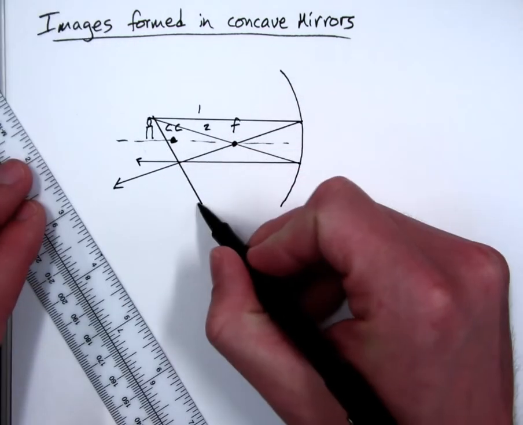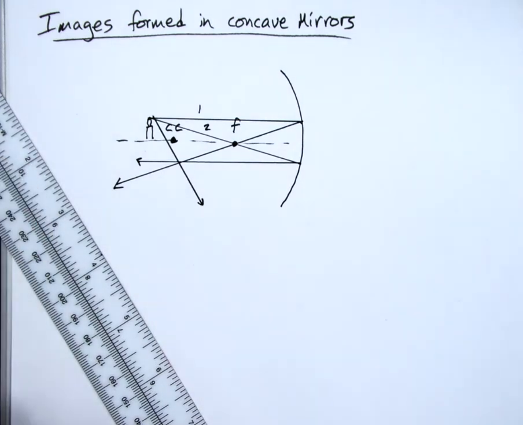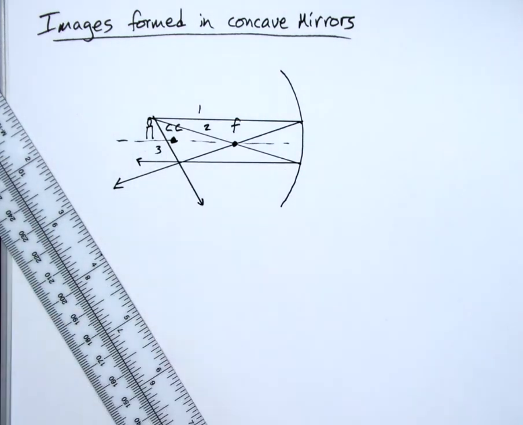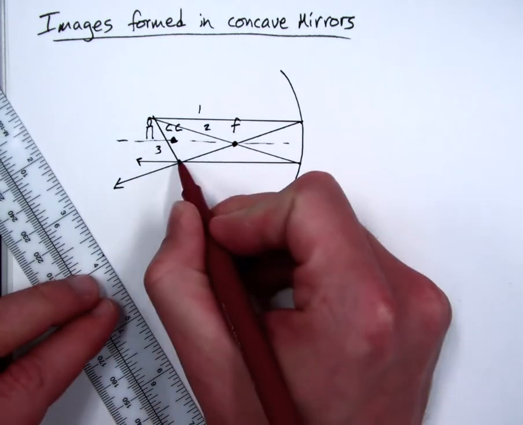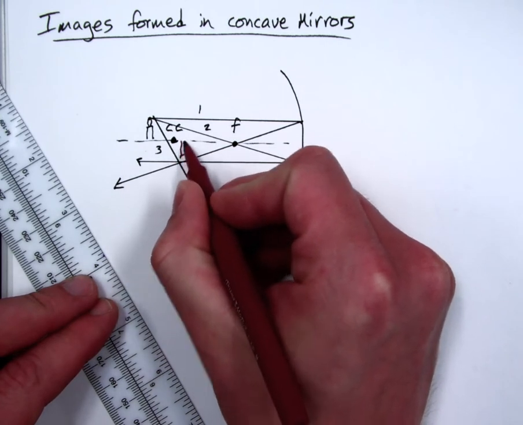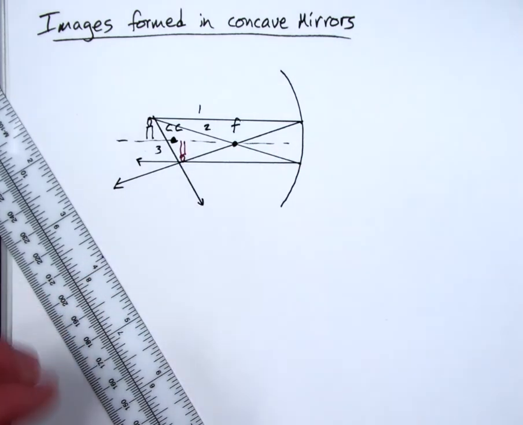You can see my center of curvature is a little off there. But the three rays 1, 2, and 3 should collide at a single point. That point will be the same top of the candle that it started from. And I have an image here.